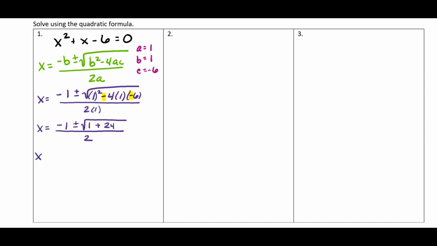So we're going to continue cleaning this up. -1 plus or minus the square root of 1 plus 24, which is 25, all over 2. And this is nice because 25 is a perfect square. So this means that x equals -1 plus or minus the square root of 25, which is 5, all over 2.